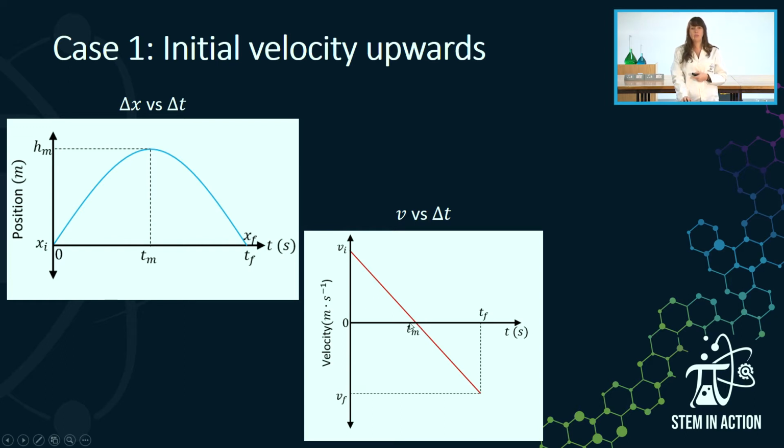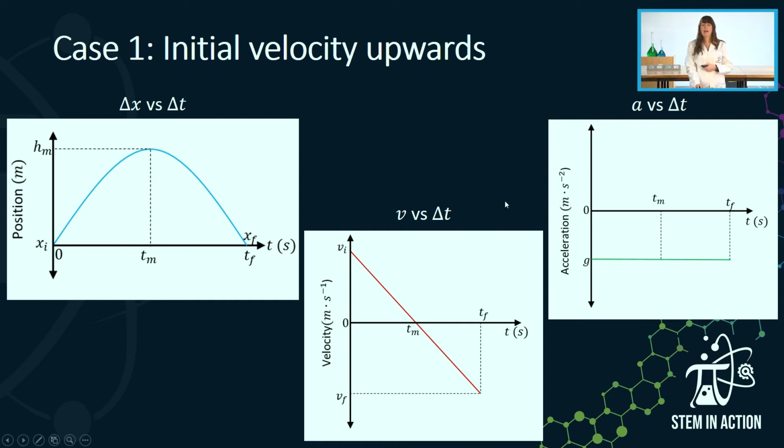Our velocity will be 0, and then it will move downwards and so have a negative velocity until it gets back to its initial position. Notice that the time it took to get from its initial position to its maximum height, and then from its maximum height to its initial position again, those time segments are equal.